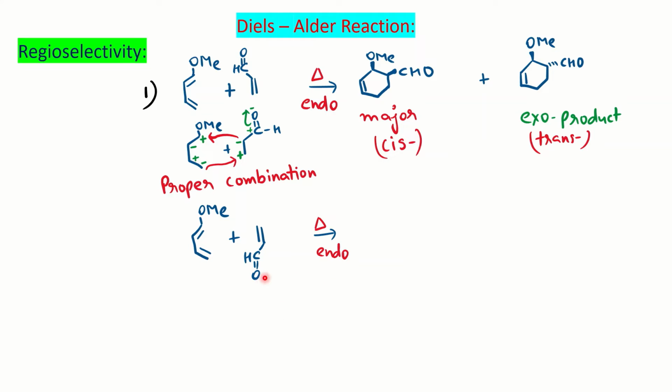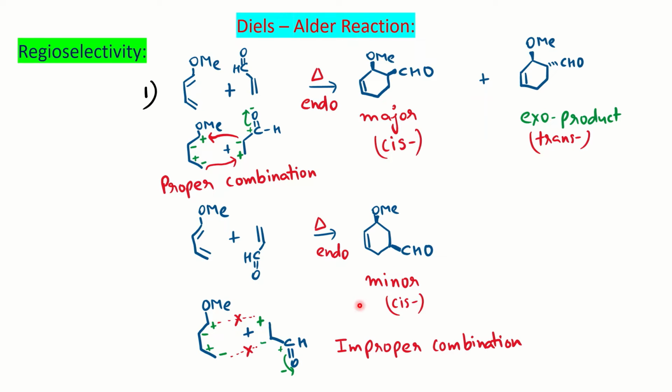Okay, so now this is again endo approach. You have CHO written towards the diene, but you can see here CHO we have written towards OMe. Now CHO is here on the other side. The possibility is you can have this product, but it is minor. Why is it so?